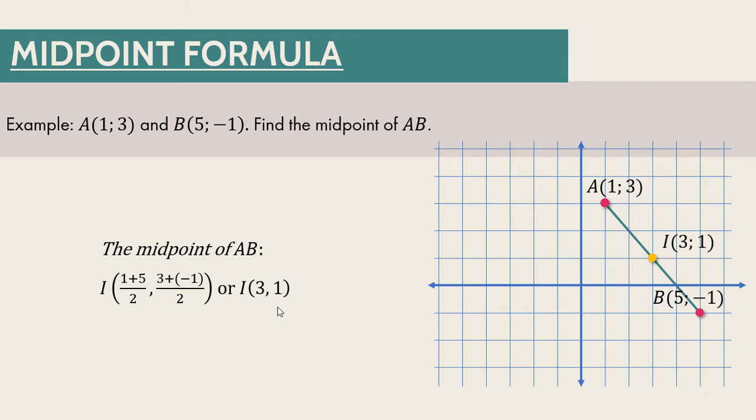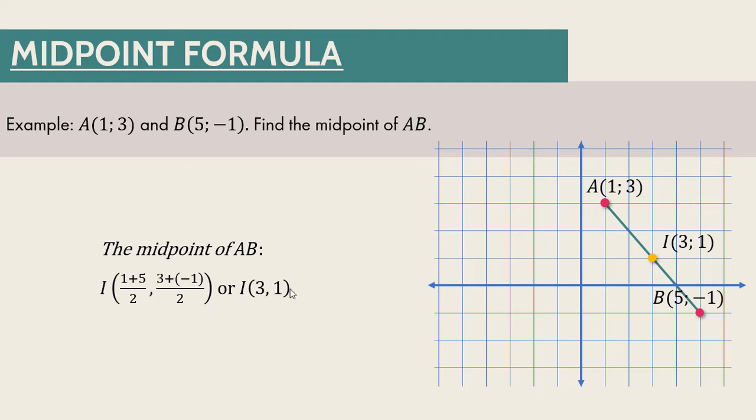Now let's check the midpoint formula to see whether it gives the same answer. We take the average of the x of A and x of B. So we take 1, the x of A, plus 5, the x of B, and then divide by 2. Next, we find the average of the y-coordinates of A and B: 3 plus -1, all divided by 2.